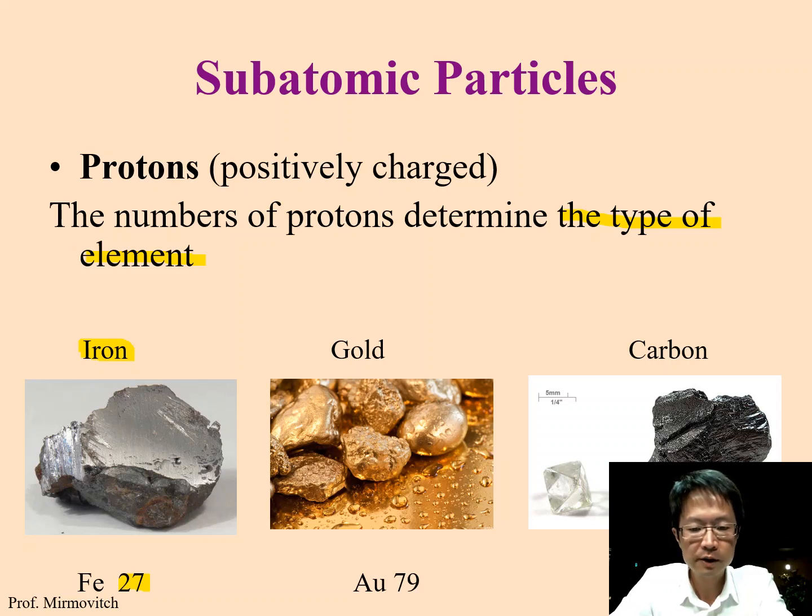When you have 79 protons in the nucleus, then you have gold. Here you don't see this. If you download the PowerPoint lecture slides, then you will see this.